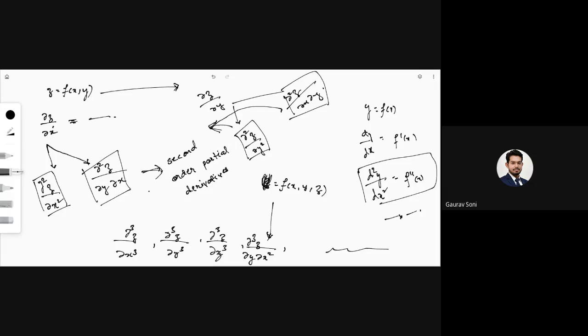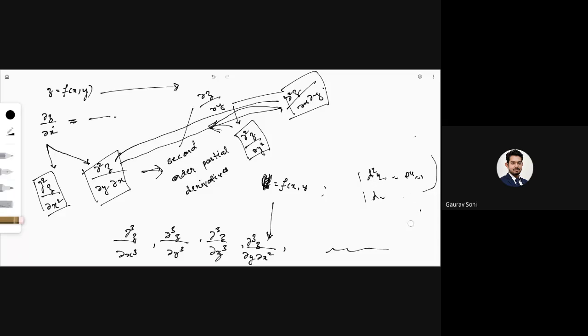And let me tell you one thing, that del 2z by del y del x and del 2z by del x del y, these two are not the same. So you can understand the complexity of this condition. For z is equal to f of x, y, I have four cases, out of which these two are not always equal. Which two?